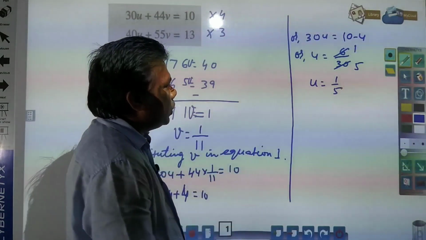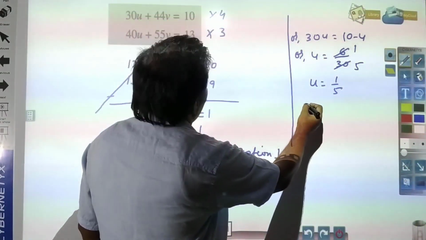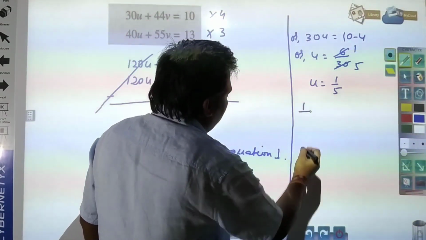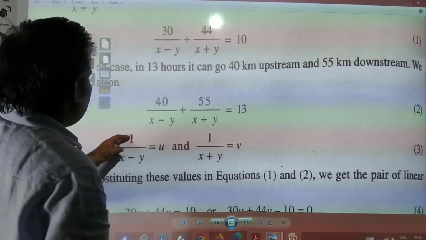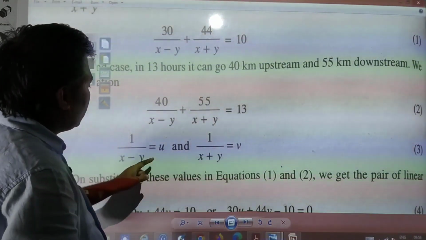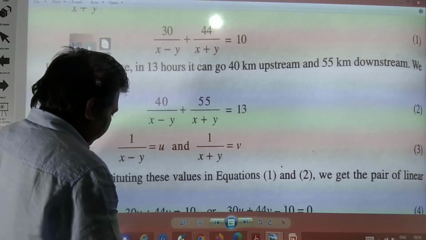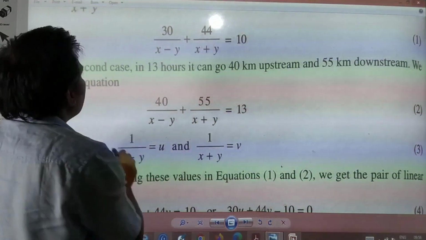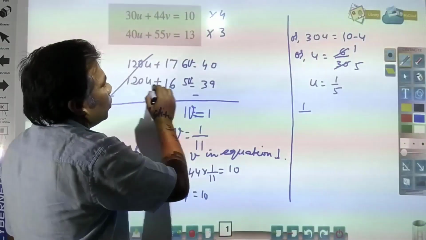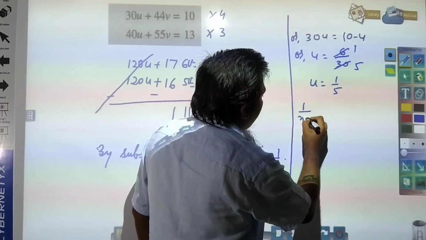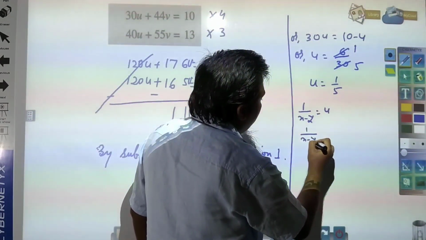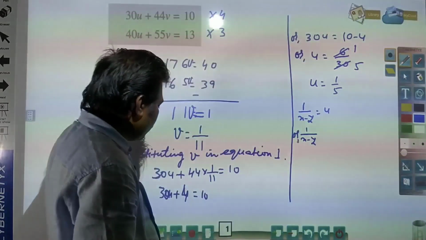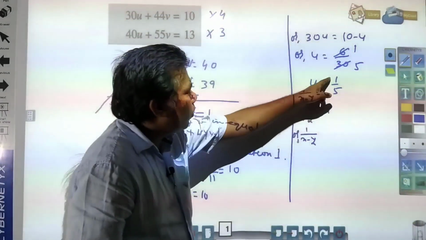U we have assumed 1 by x plus y. Here you see, 1 by x minus y is equal to u we have. So 1 by x minus y will be equal to u, which is 1 by 5.